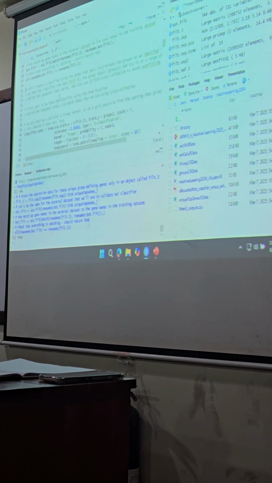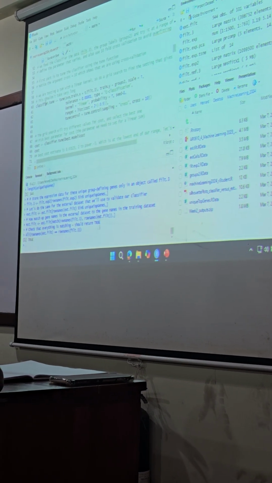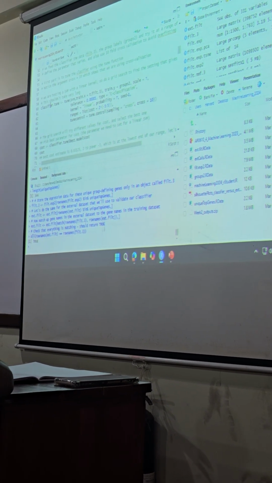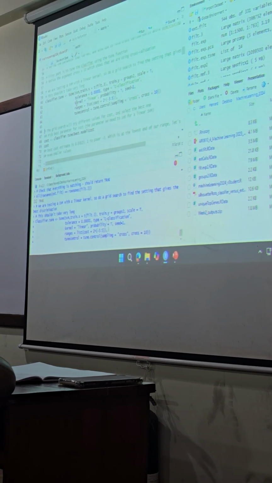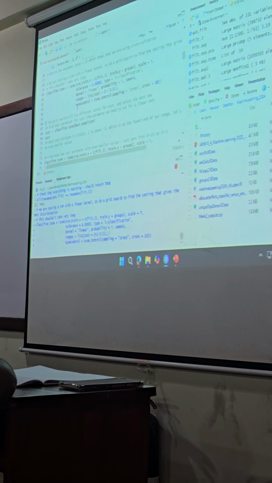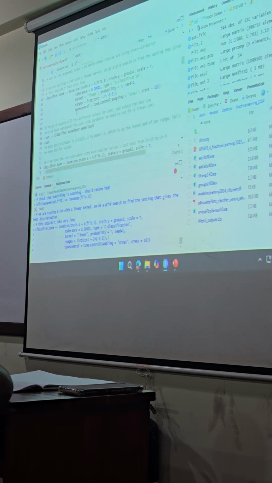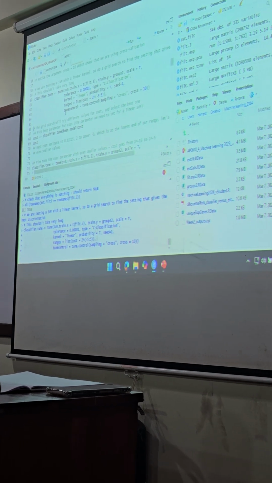Right. So what we do is now we train the classifier. So what is the input into the classifier? The expression values of the DEGs.